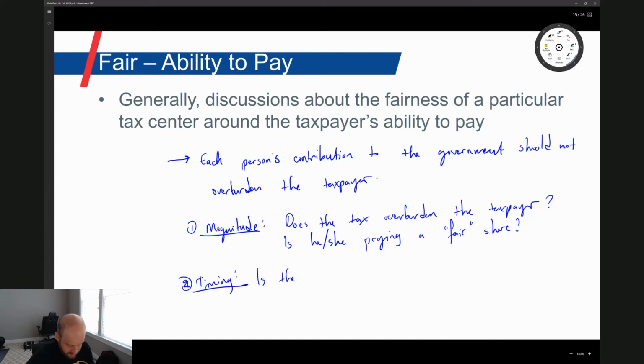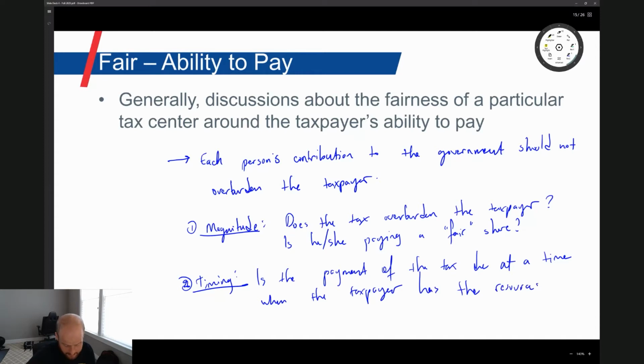Is the payment of the tax due at a time when the taxpayer has the resources to pay? So on the one hand, one considers magnitude, right?